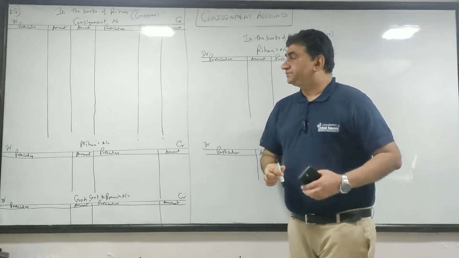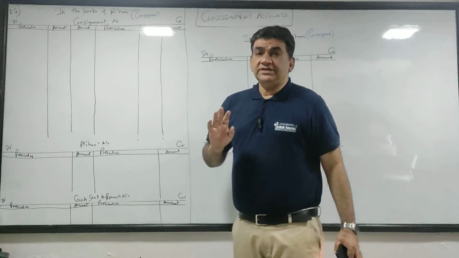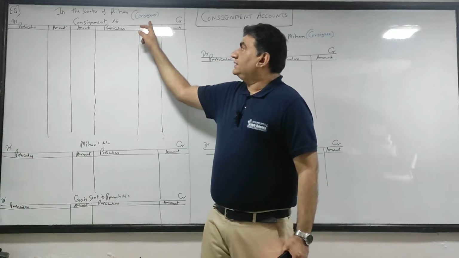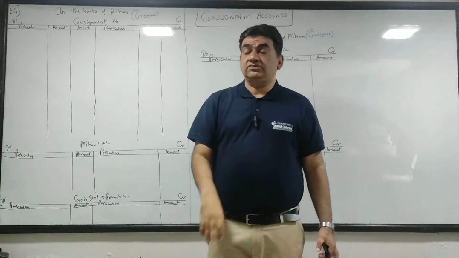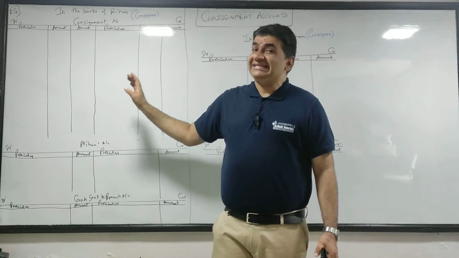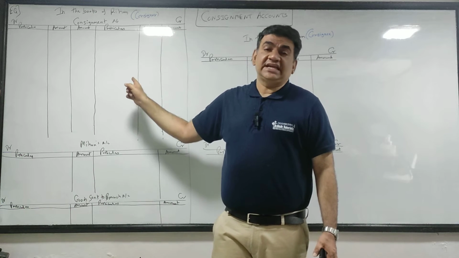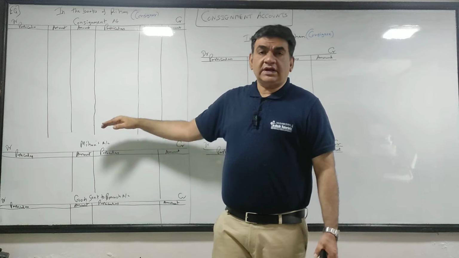Now listen. If nothing is mentioned about specific accounts, in the consignor's books you will make three accounts. The main account, that is the consignment account, because he initiated the transaction. This will be of around half a page.